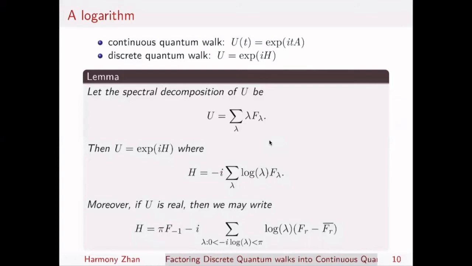Okay, so my solution to those two problems, too crowded and a mixture of complex and real entries, is to look at a different logarithm. So now instead of looking at the logarithm of U, I'm going to look at the logarithm of U squared.